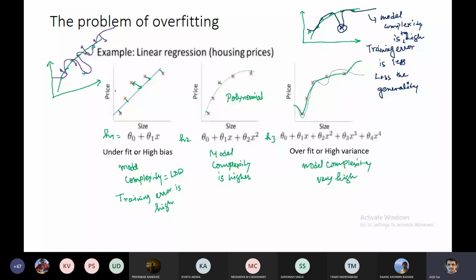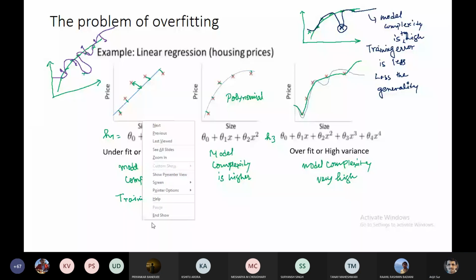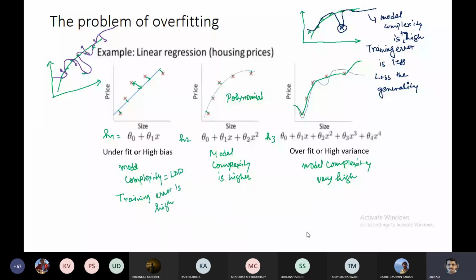Okay. So here is another example so that you can understand it much more clearly. Let's say this is the example. Now that was the regression.